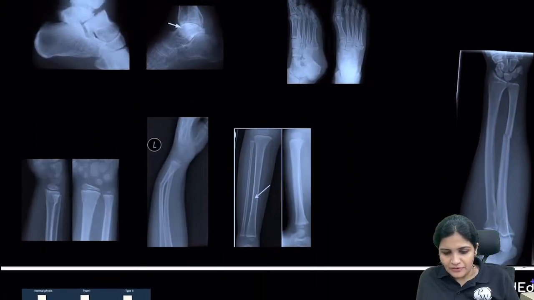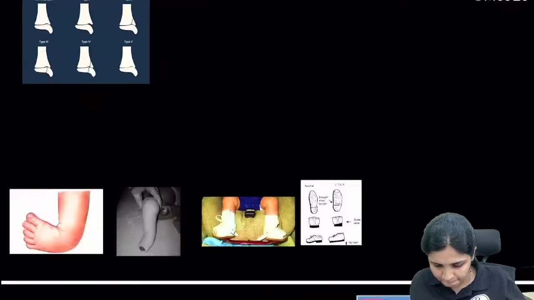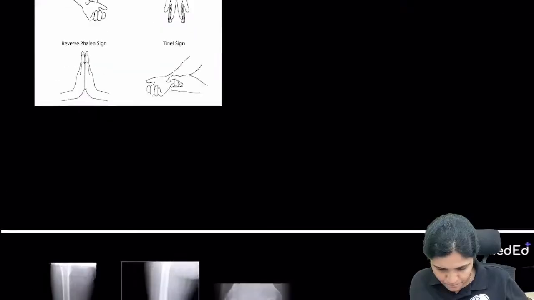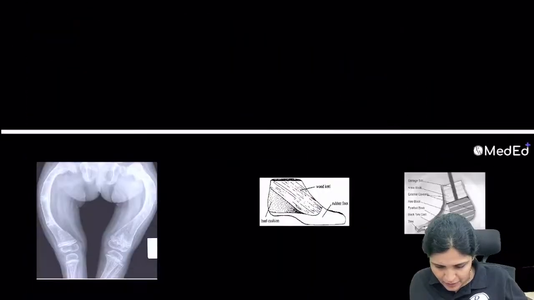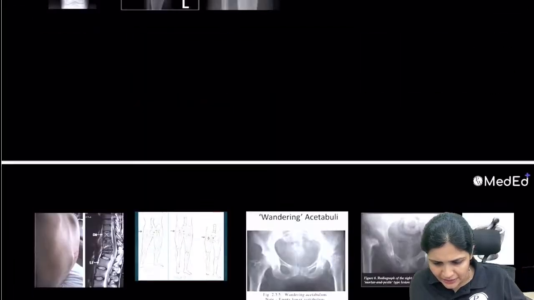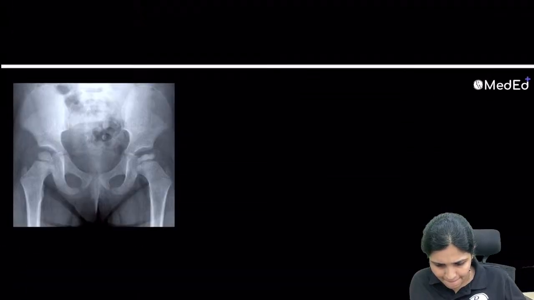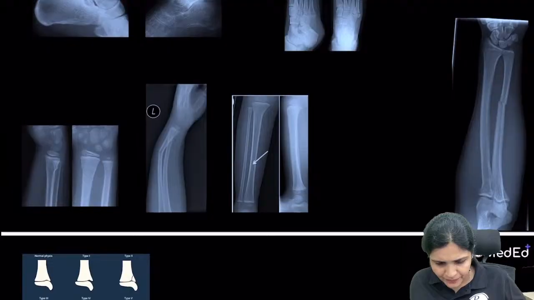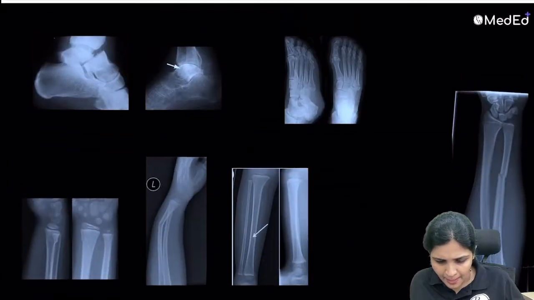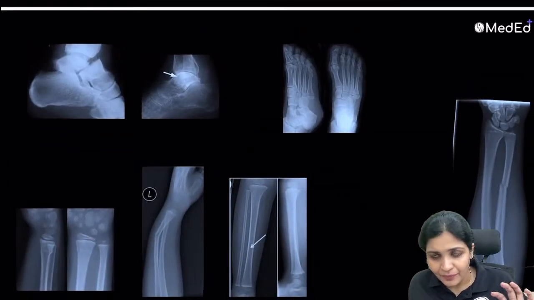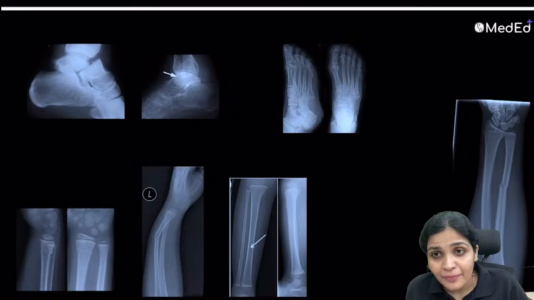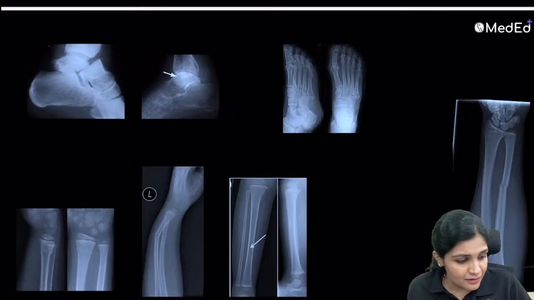Next, these are some of the fractures. Shall we continue in the next class, or should I continue now? Continue? Yes.